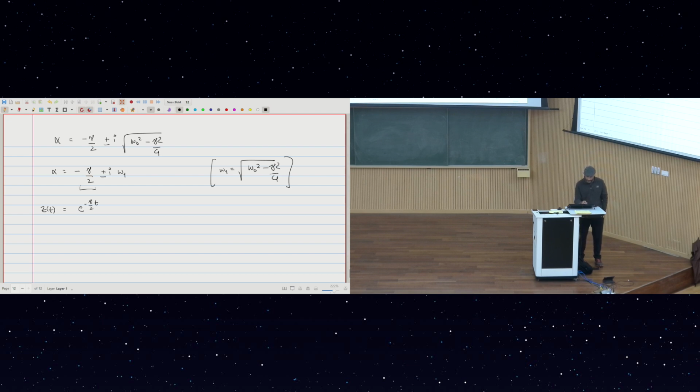Now this part, e to the power of, let's say alpha 1. So this part is real. So I can take that out because that's there in both roots. And in the brackets, then I can have a complex constant Z1 times e to the power of I omega 1 t plus another complex constant Z2 times e to the power of minus I omega 1 t.